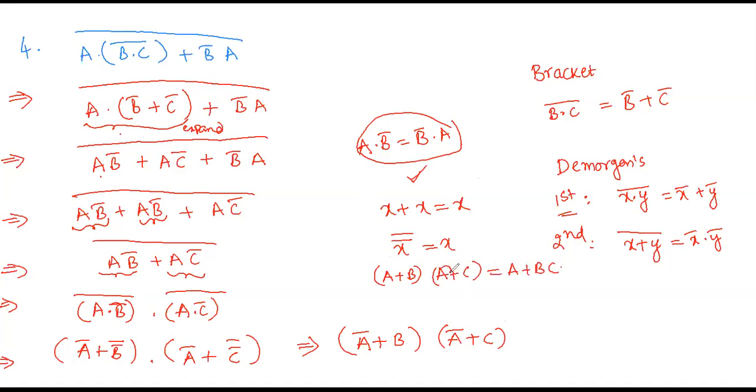Here in the place of A, we are having A bar. So you can write this as A bar plus BC. This is the simplified expression.